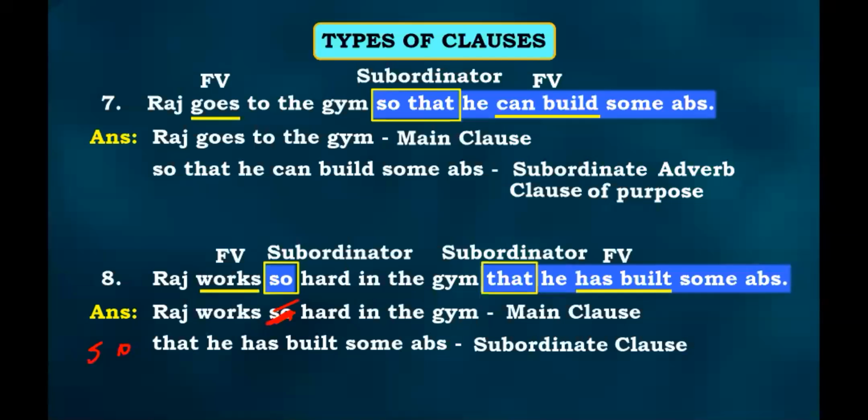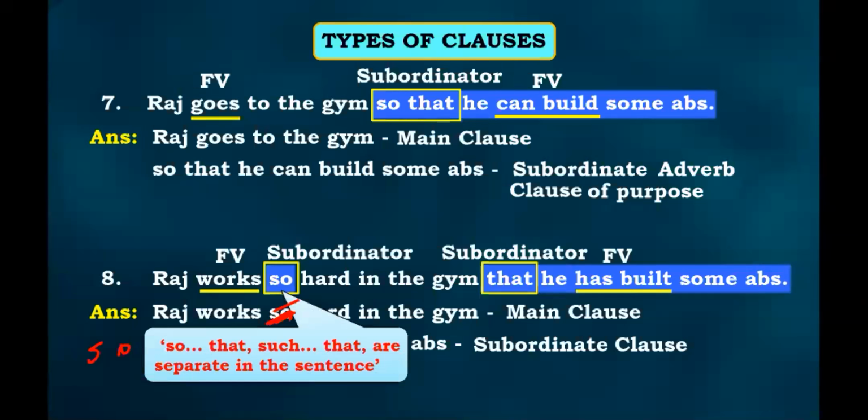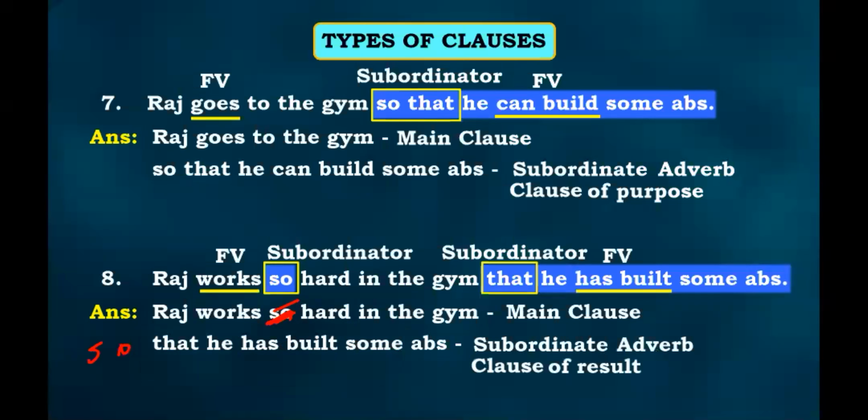Now, here again, you do not have a question to be asked, but look at this. उसने इतनी मेहनत की, उसका रिजल्ट क्या आया बेटा? कि उसके फाइनली थोड़े एब्स बन गए, करेक्ट? So wherever the subordinator looks like so dot dot dot that, such dot dot dot that, they are separate in the sentence. Okay, it is our subordinate adverb clause of result.